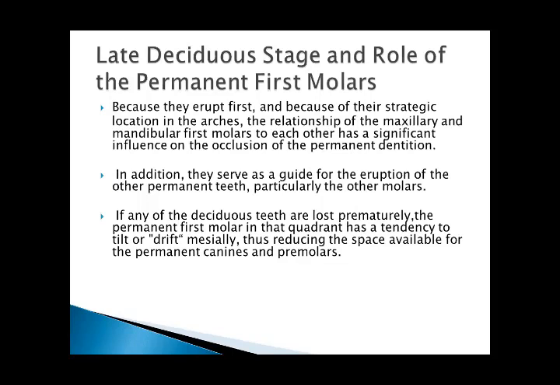Because they erupt first and because of their strategic location in the arches, the relationship of the maxillary and mandibular first molars to each other has a significant influence on the occlusion of the permanent dentition.